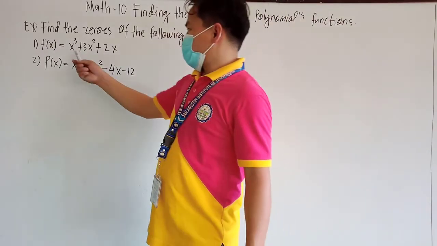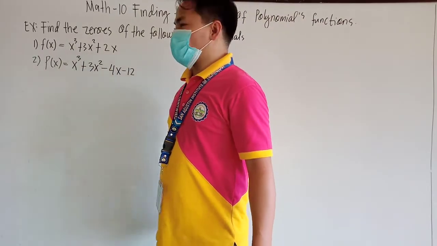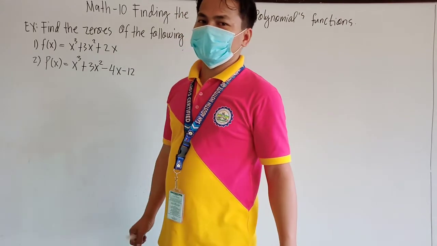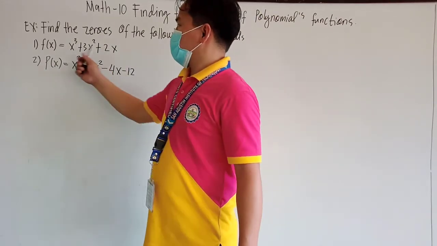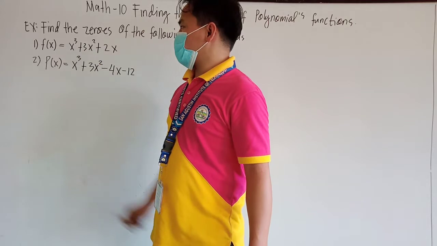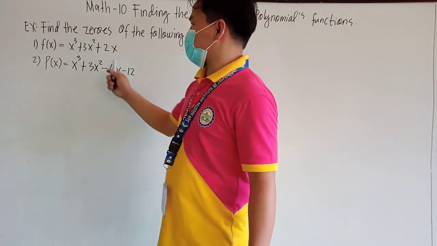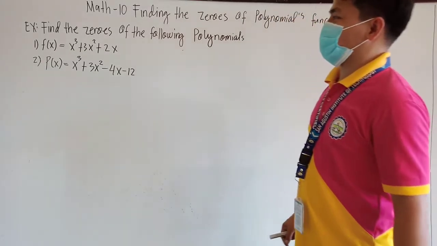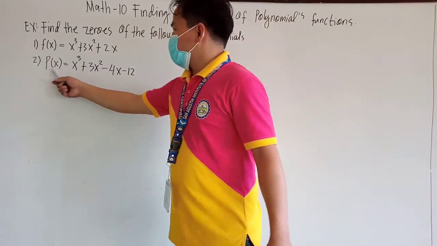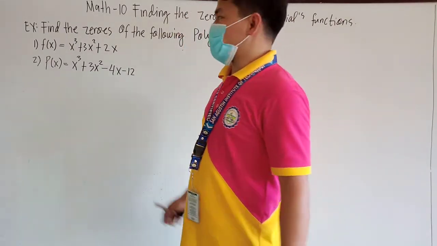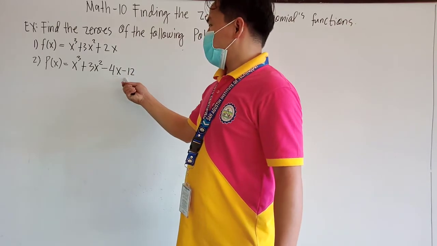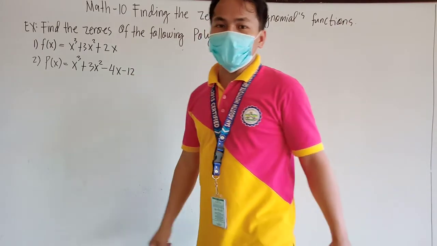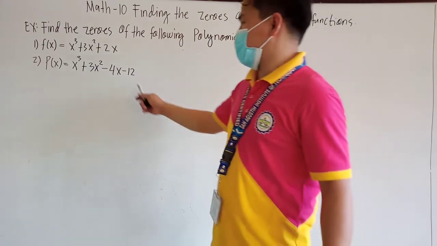First, for example in number 1, remember in this polynomial, all the terms have the x variable. So it is very easy for us to identify the zeros because we can make use of removing the common polynomial factor. But for number 2, we will do it differently from number 1, because in this part for number 2 there is a constant in the last term, which is negative 12.